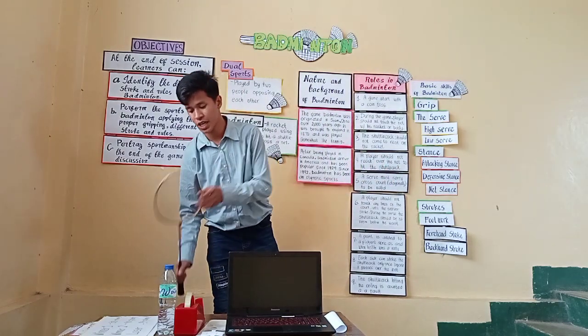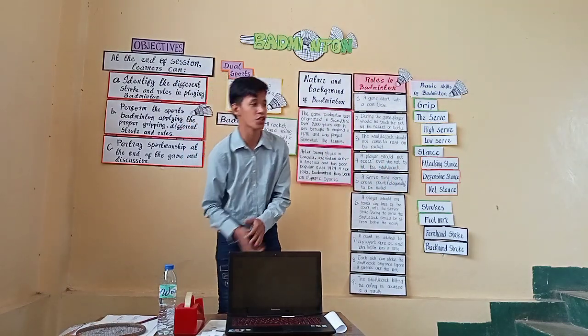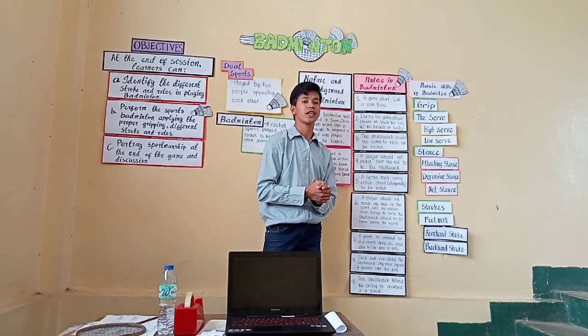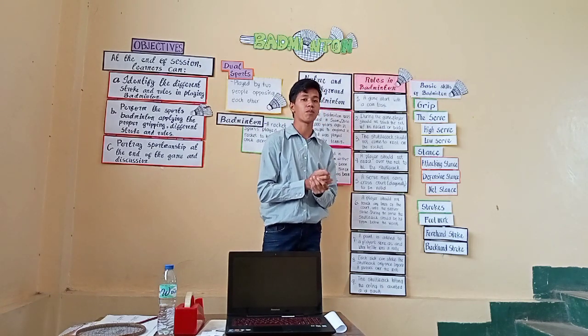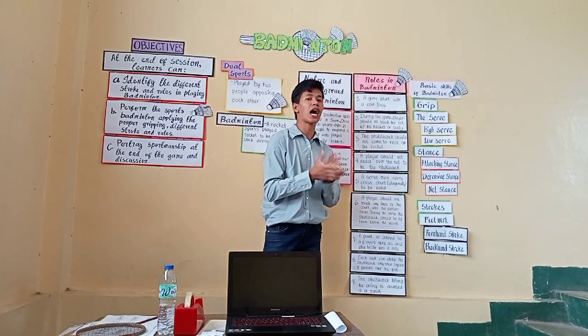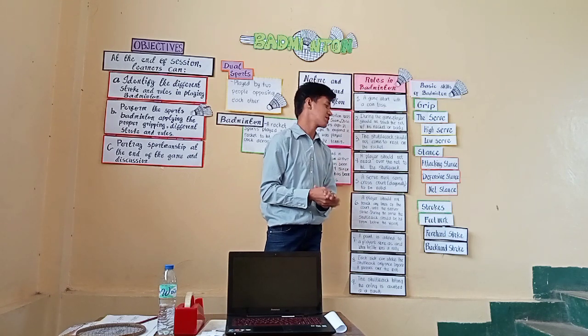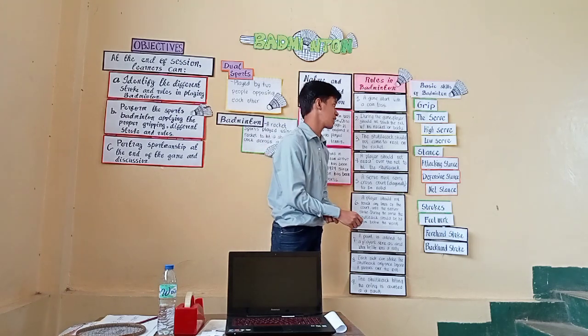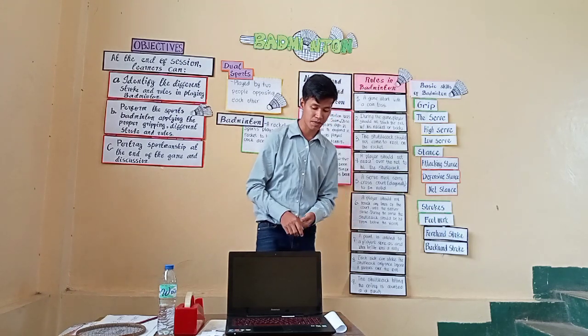There are different kinds of footwork in playing badminton, such as V shape, vertical V, cross, and more. It depends on how you steady your footwork for you to be balanced in playing badminton.